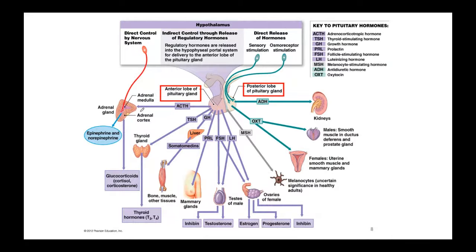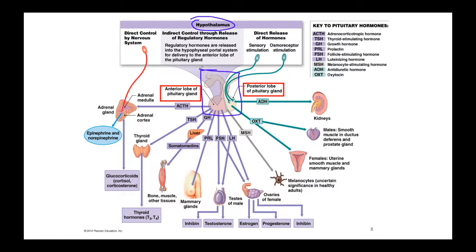We are going to continue talking about the endocrine system. And in this short video, we will show you the connections between the hypothalamus and what we see right here, which is the pituitary.